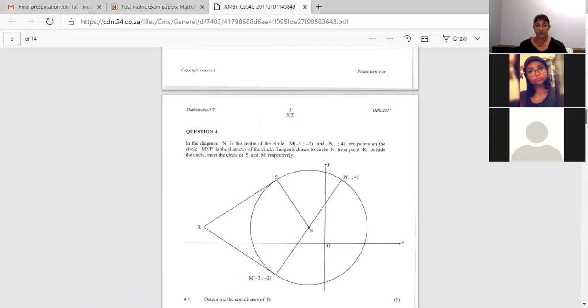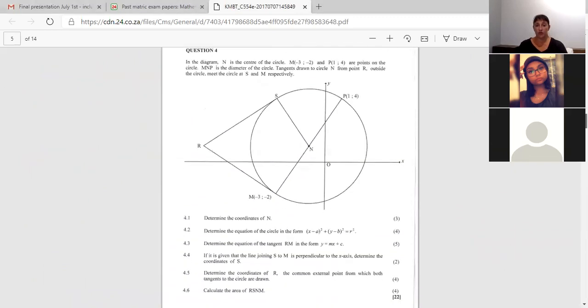Okay, let's see. The next question has to do with circles. Okay, in the diagram, N is the center of the circle. So you immediately know these are all radii. M is (-3, -2), P is (1, 4). They are points on the circle, and MNP is the diameter of the circle.